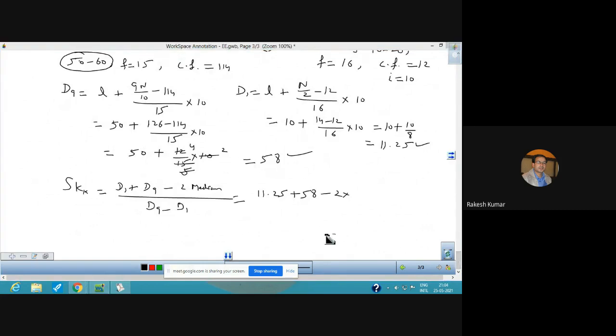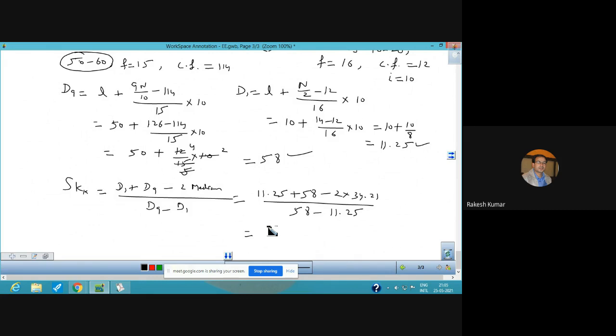So use this value of median, 34.21, divided by 58 minus 11.25.